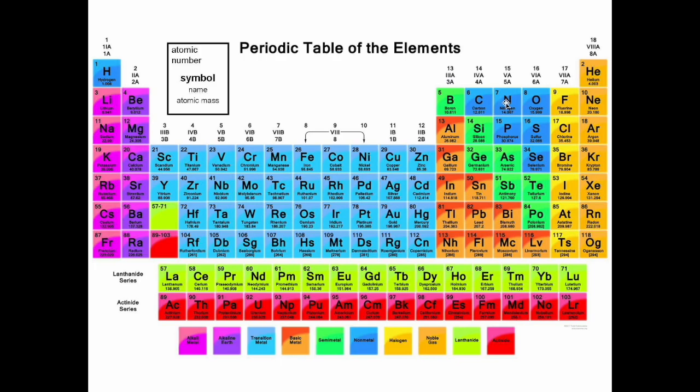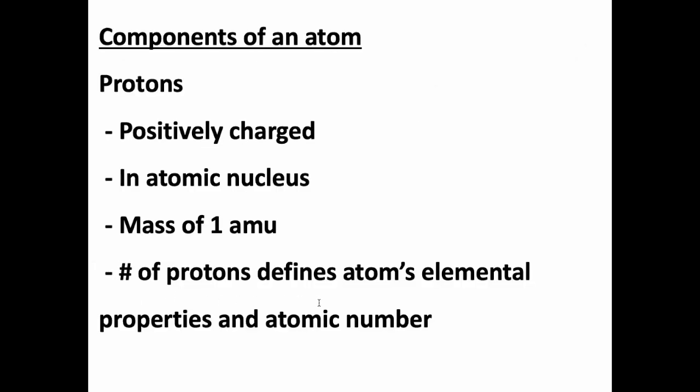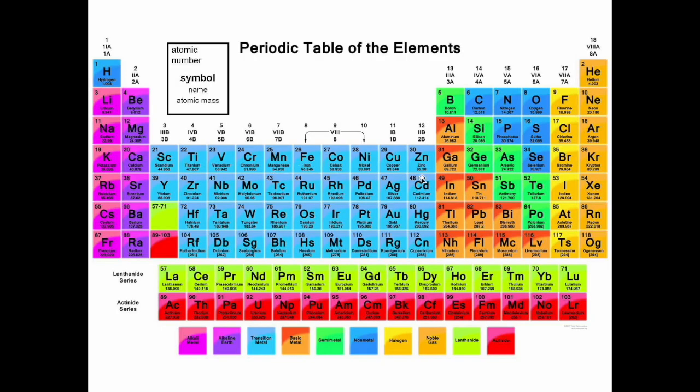It would be nitrogen, and it would behave like nitrogen, and it would do all the nitrogen things. So yeah, the number of protons is incredibly important. It defines which element a given atom is. Number of protons defines an atom's elemental properties and its atomic number. That's the number you see in the top left-hand corner in a periodic table.